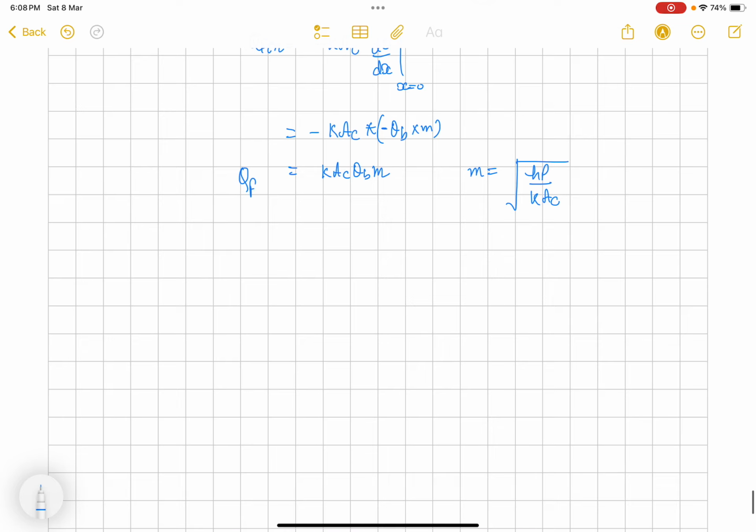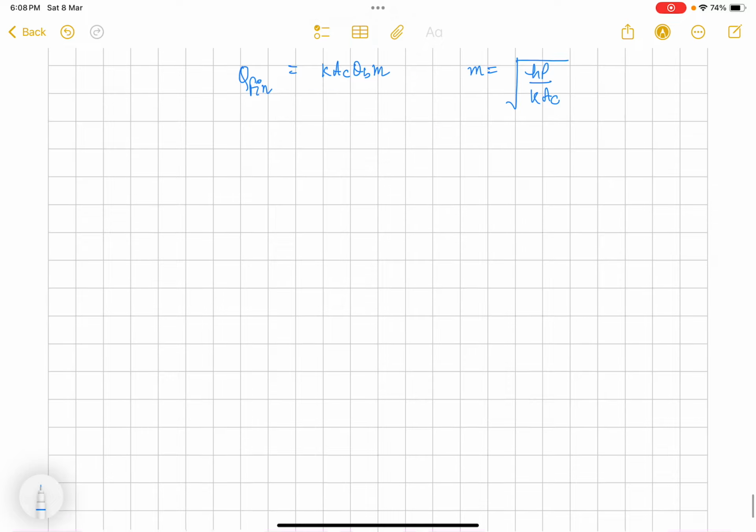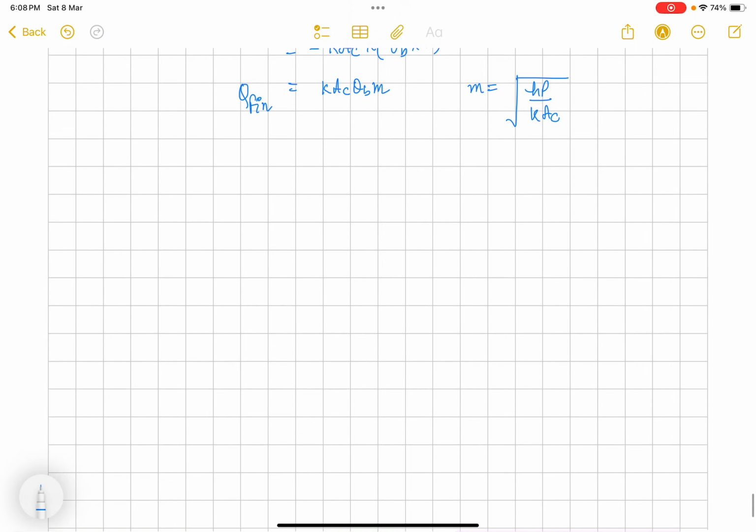So Q_fin, if we use that in that expression, we will have under root hPkAc times theta_b. So this is the heat transfer from the fin, which is of infinite length. This expression is very important for calculating the heat transfer from the fin.